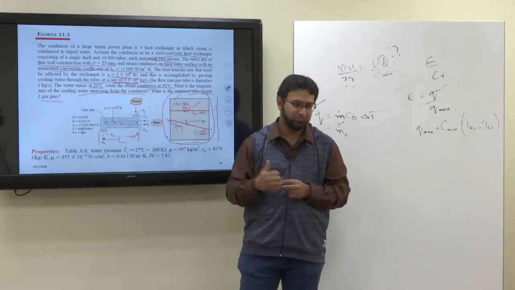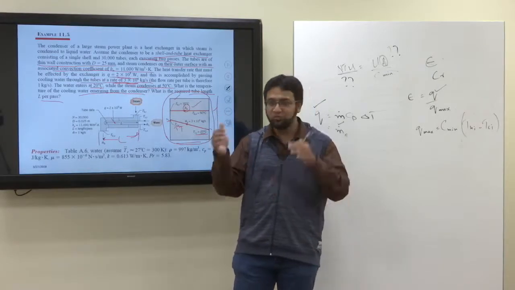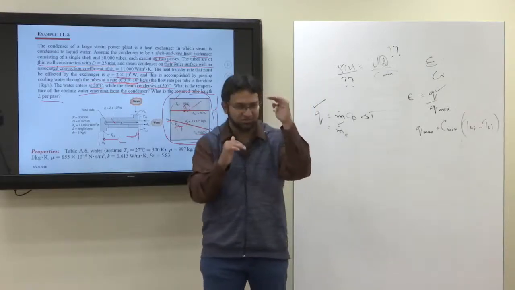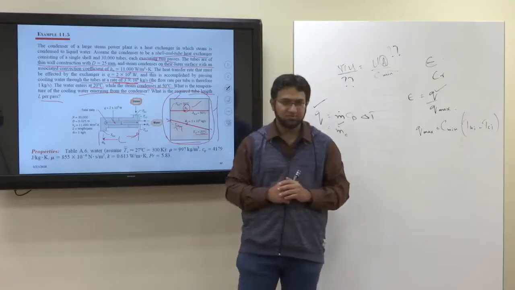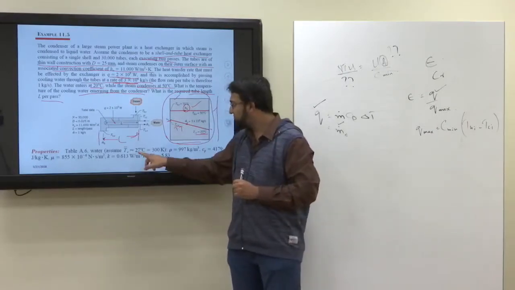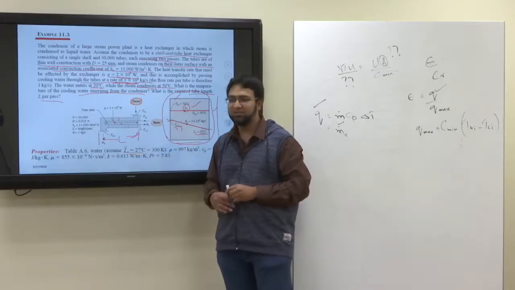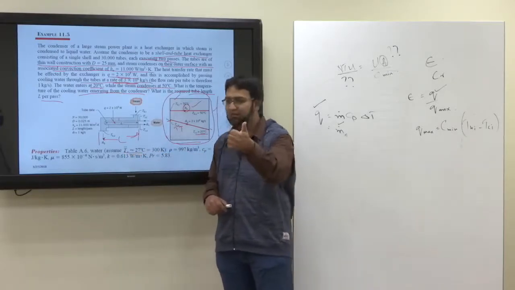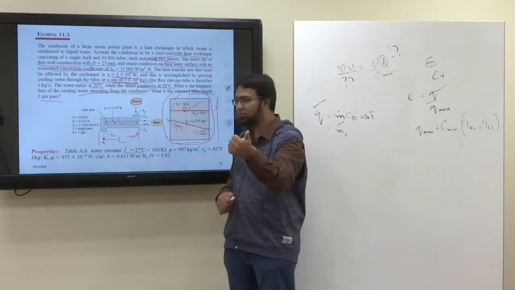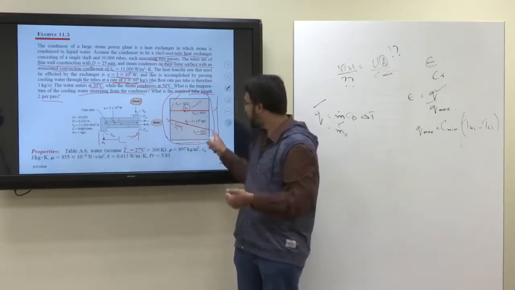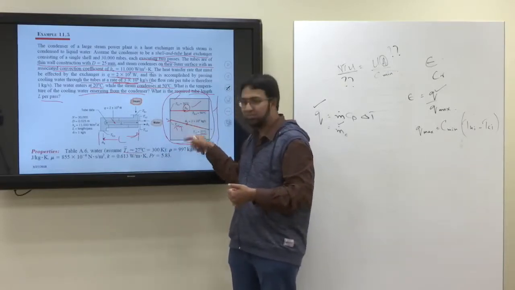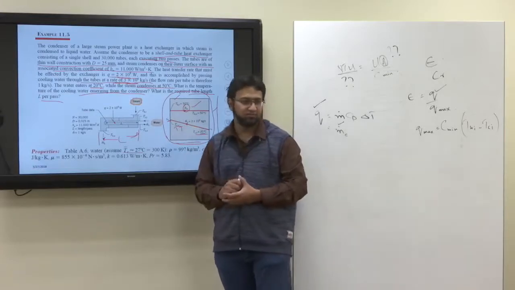You will assume a value, but your assumption should be within realistic ranges, between 20 and 50. Here they took the assumption as TC mean 27. That means they assumed TC out as 34. 20 to 34 will give a mean of 27.